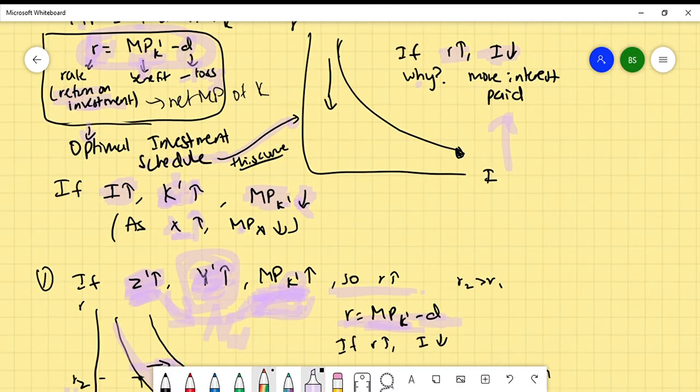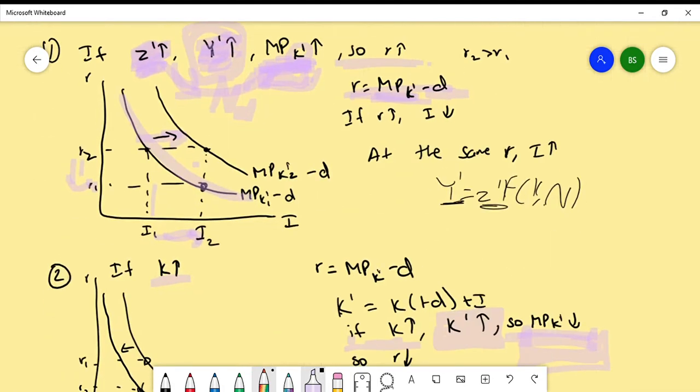Great. Now if you were to go over these things, if Z increases, then our future income increases. And if our future income increases, then I'm going to want to hire more people and more capital.